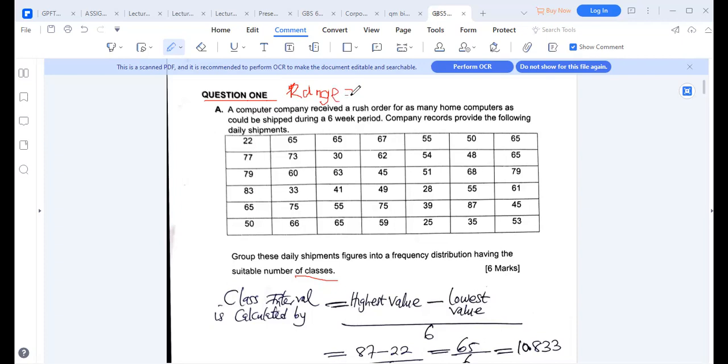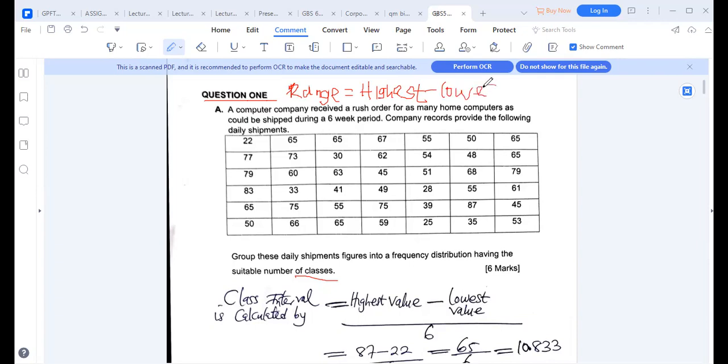So we check from here, we find the highest measure, then minus the lowest in the data set. So the highest measure in this one is 87. So we have the highest and the lowest.